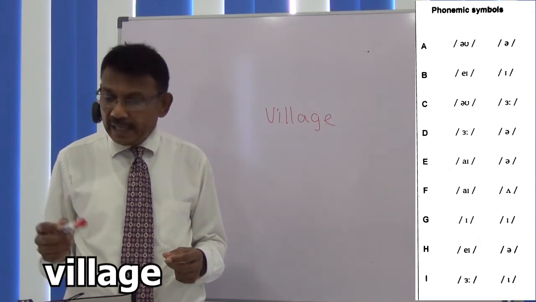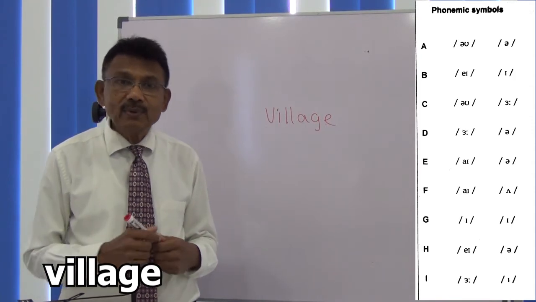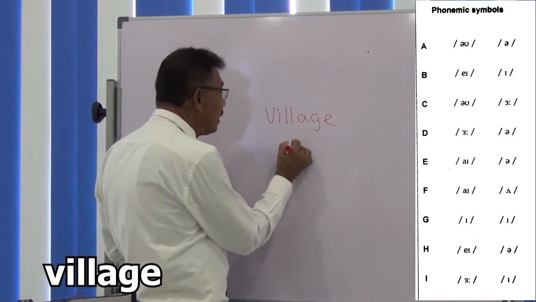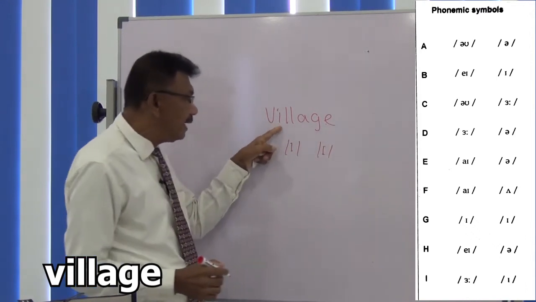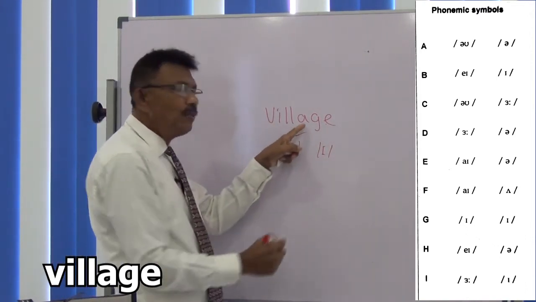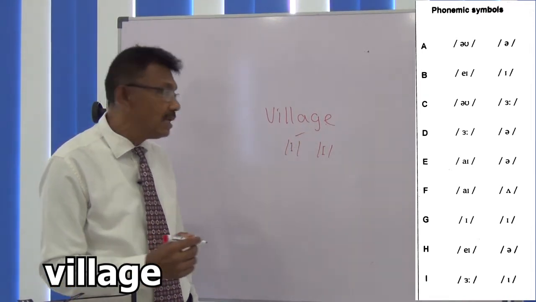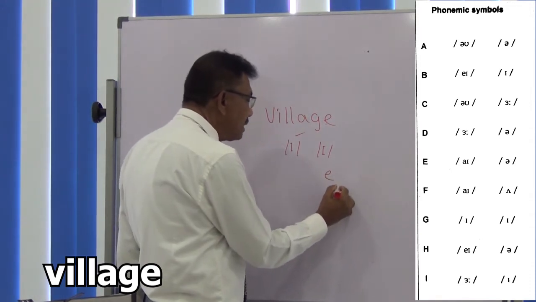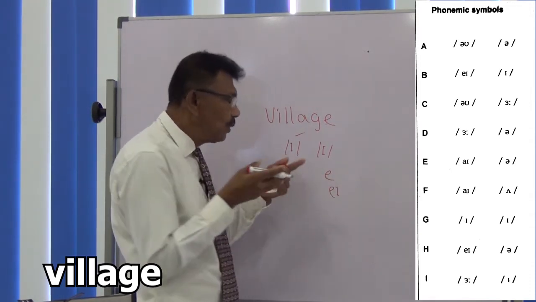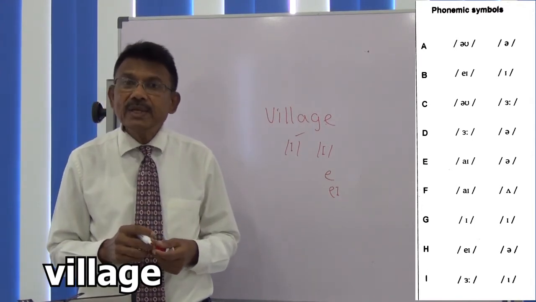So when you say village, if you choose this one, that one is E. If you say village, A is this.